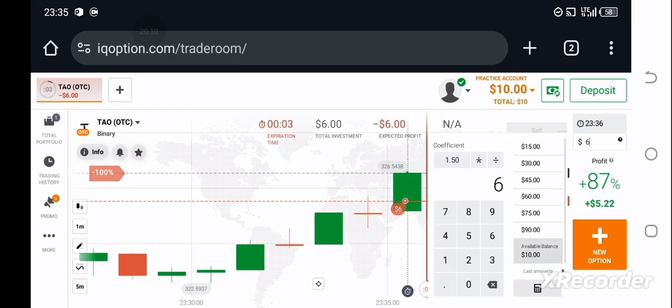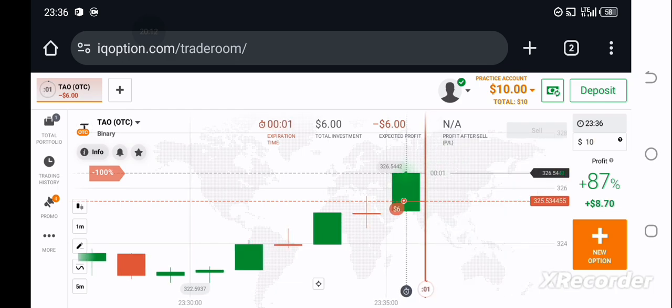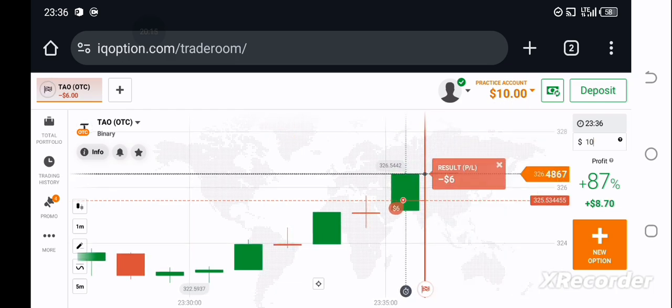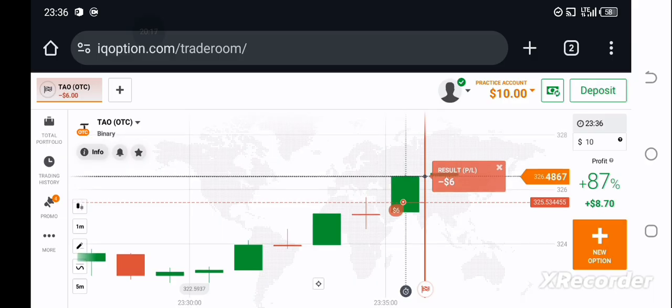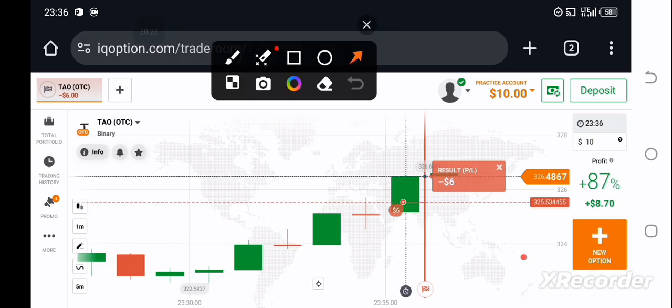Okay, so you can see it closed above the level. This candle closed above the level because I opened a position here with sellers instead of buyers, right? This is a bullish candlestick.